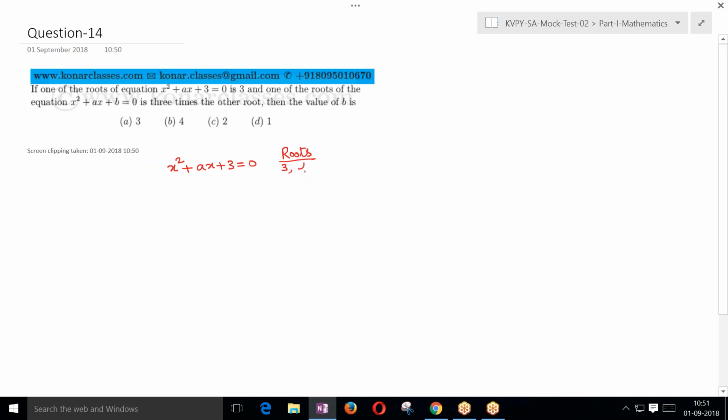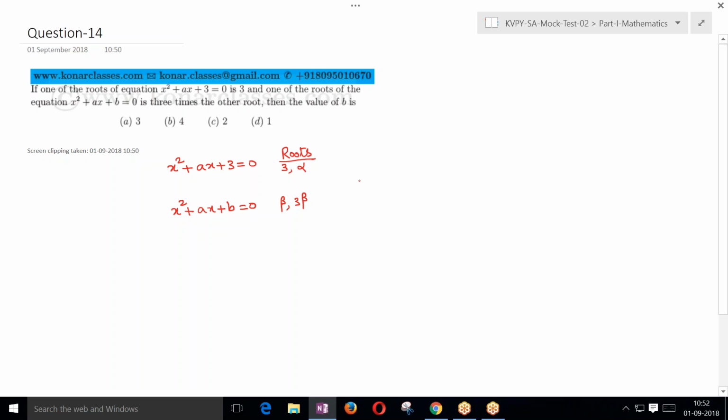So the other root is alpha, because there are two roots. It is a quadratic equation. And the other equation is x square plus ax plus b equal to 0. So it has one root that is 3 times the other. That means if one root is beta, then the other root is 3 into beta. Correct.